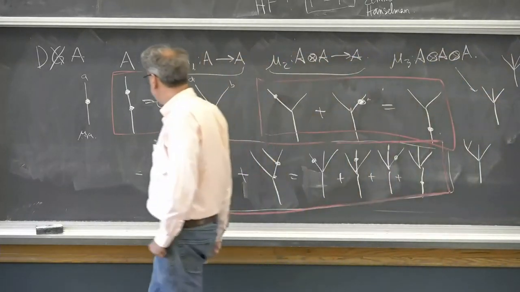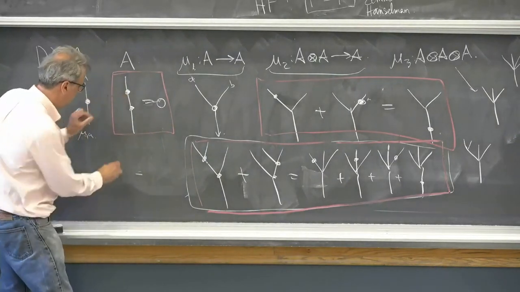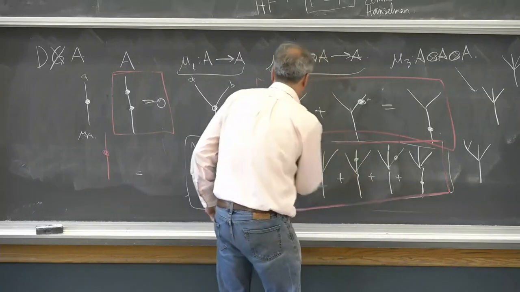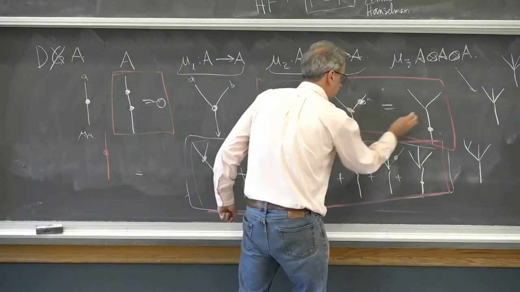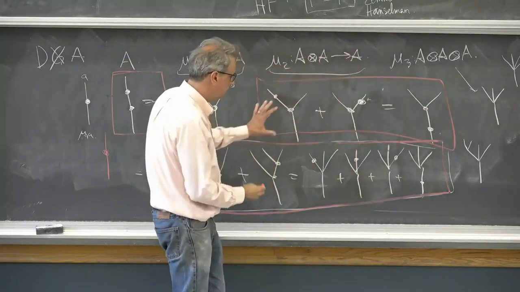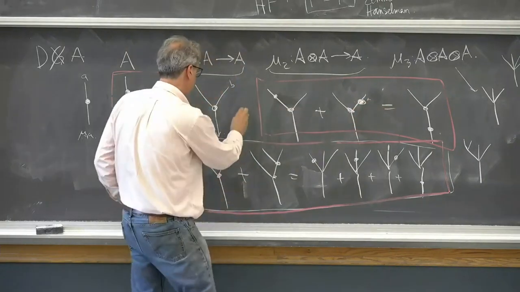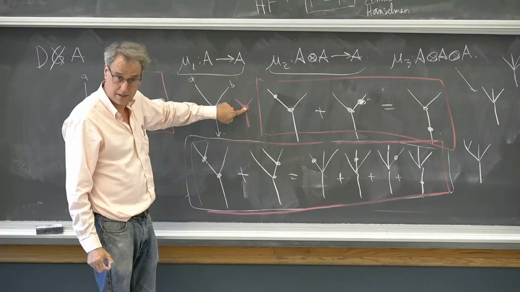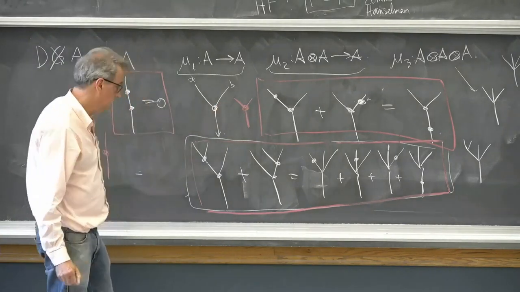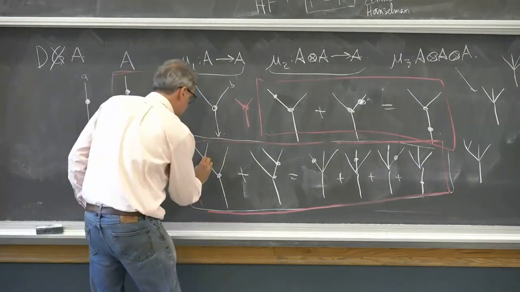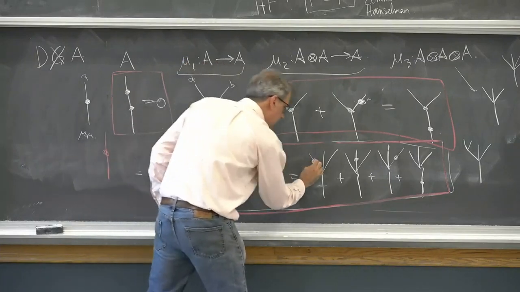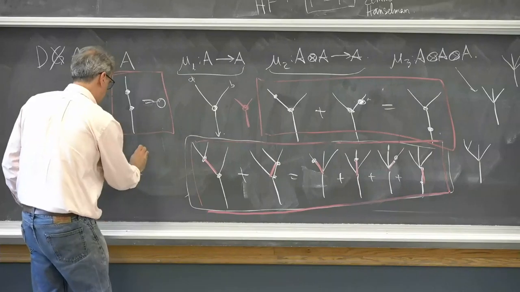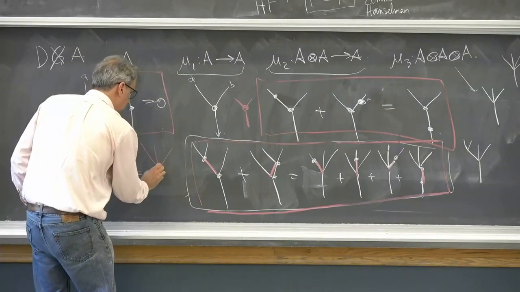And the answer is that this has an internal edge that I can contract. I should have drawn more dots. I was a little lazy. I should have drawn this as a dot and that's a dot. And you'll notice that all 3 of these trees are the 3 different ways of inserting a dot, an internal edge, into this tree. And now the most interesting one is that these are the various ways of inserting an edge into this tree.